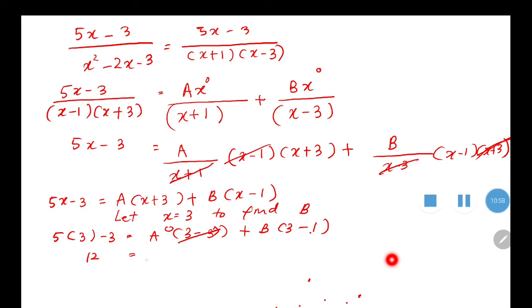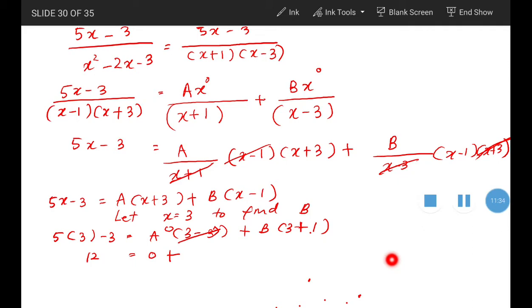So this part is 0, plus 3 minus 1, no, it's not 3 minus 1, it's 3 plus 1. I think I've made some mistake here. So how come it becomes x plus here? This is x minus. So I have realized where my mistake is.